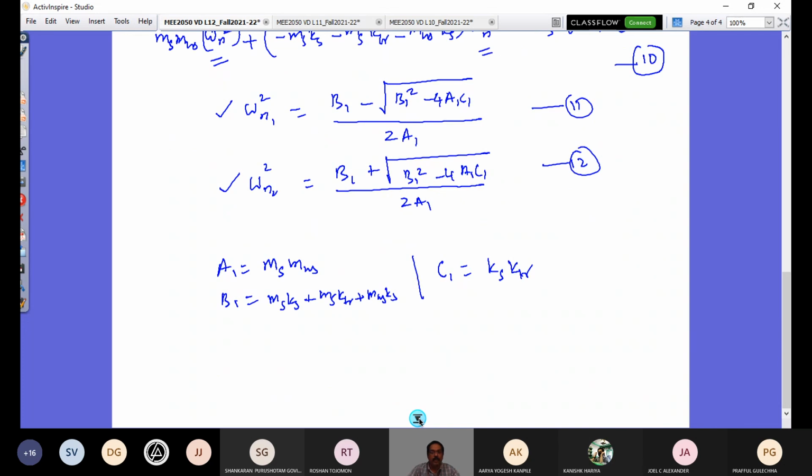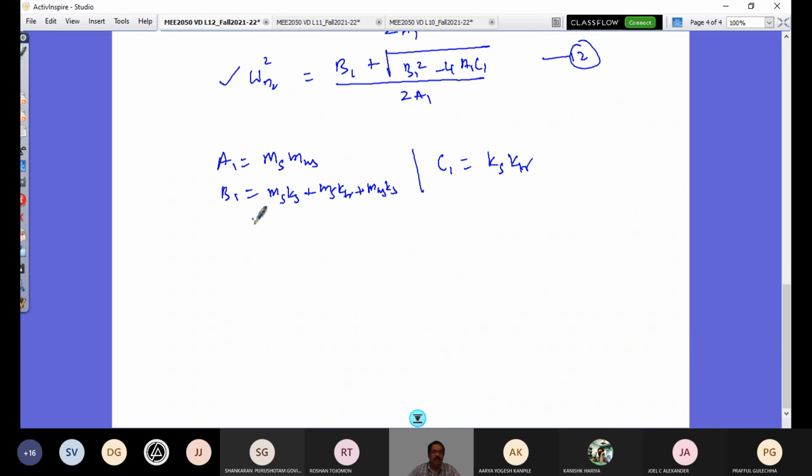So I would have two roots, plus or minus omega n1 and plus or minus omega n2, and neglecting the negative roots because they have no practical physical significance, you will have omega n1 and omega n2.